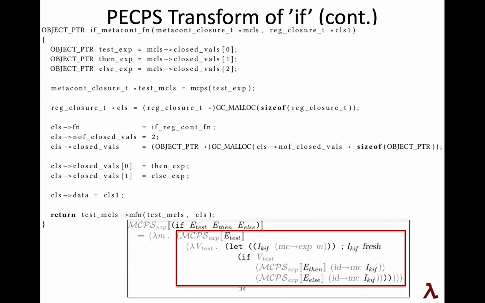And this small M continuation is then passed the then and the else expressions for it to close over, and then it passes control over to the small M closure.